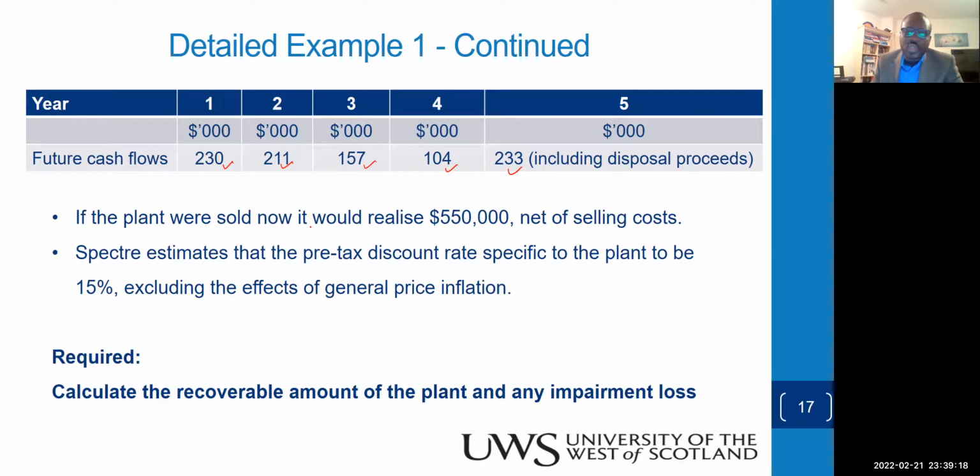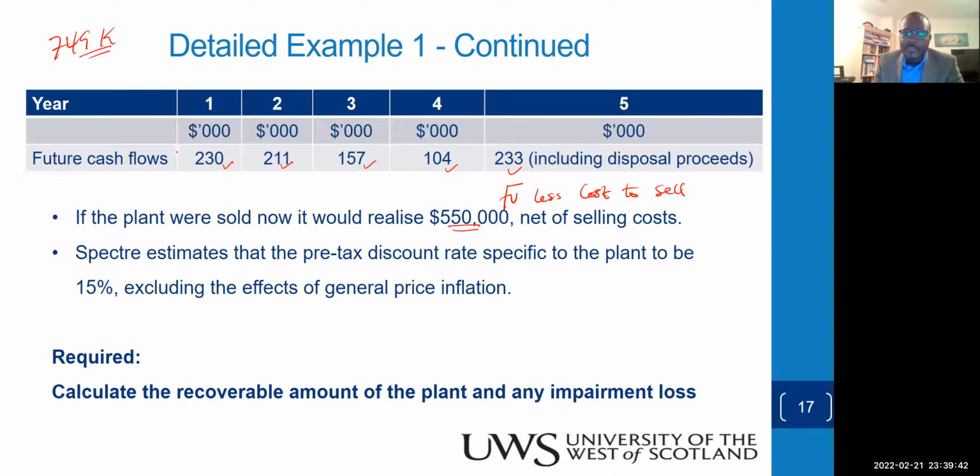If the plant were sold now, we'd realize 550 net of selling cost. So this gives us our fair value less cost to sell. So we are now finding our recoverable amount. We have the carrying amount of 749, I can put it here, 749K, as the carrying amount.